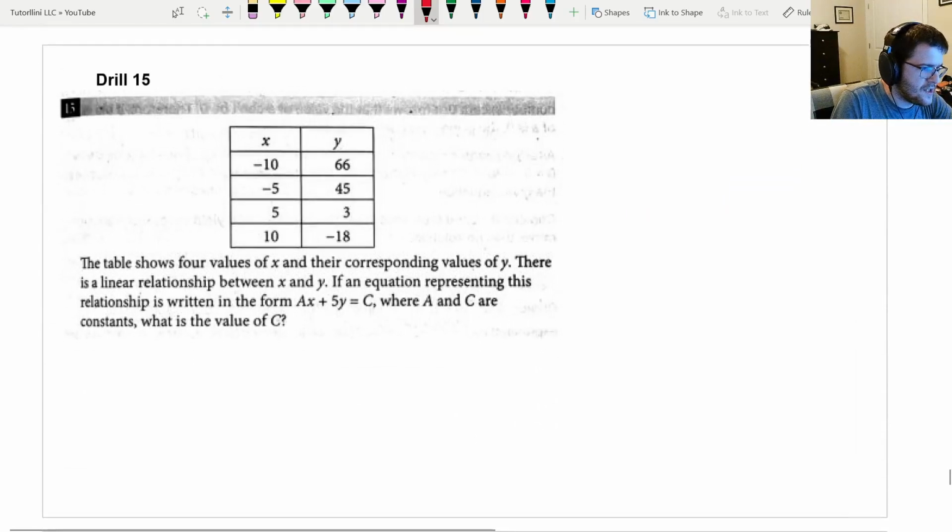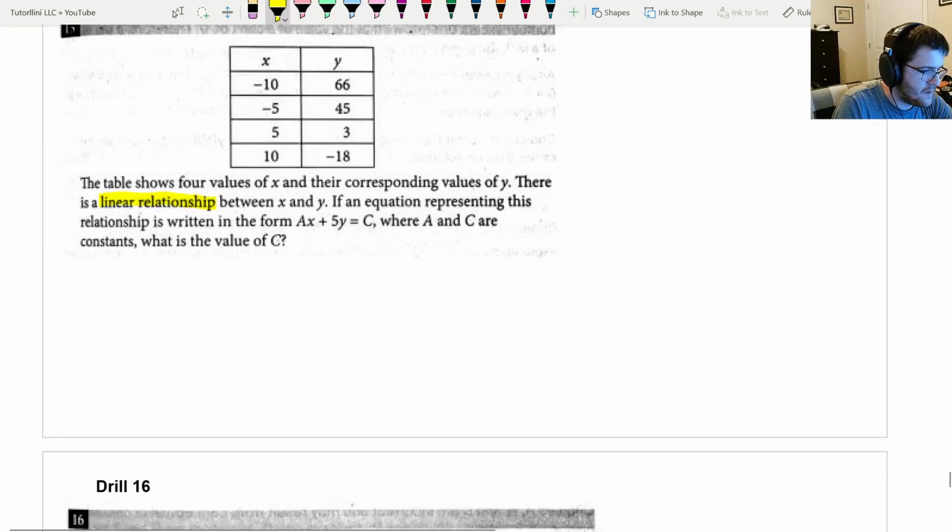Okay, it tells us it's linear, so we don't need to figure that out. And they want us to put it in standard form. We could find the slope-intercept and then manipulate it. But you know what, guys?